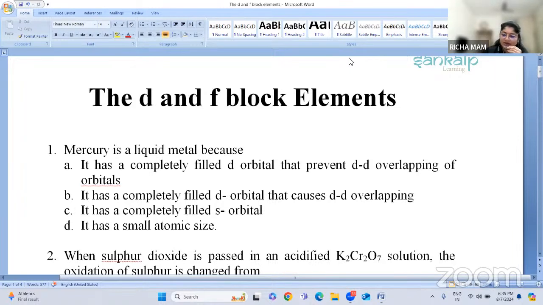Anybody knows? F block elements, which group of elements? Lanthanides and actinides, right? So these are the categories of elements which fall into F block elements.